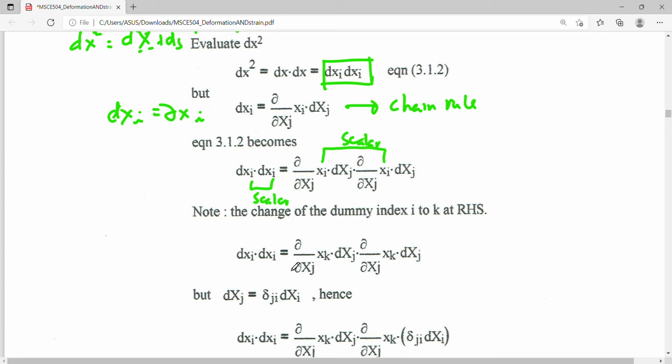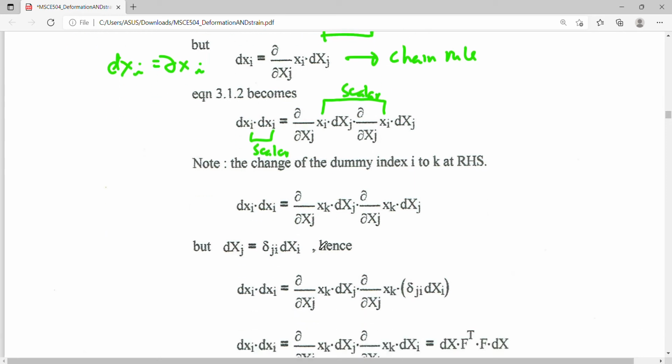Okay, so this now becomes this, and it is through substitution. Okay, so the Kronecker delta is used here as a substitution operator. So I hope you have answered this correctly on your quiz.